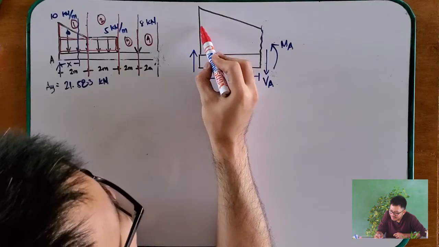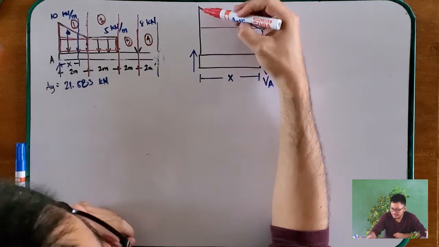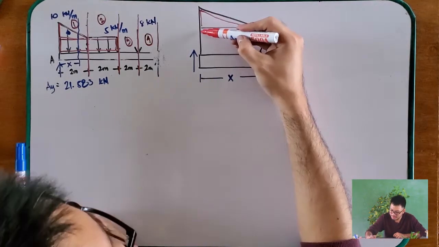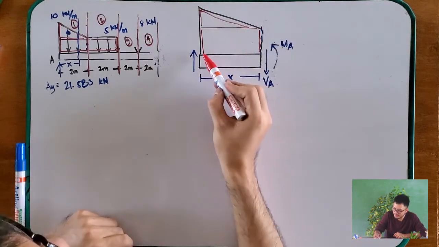Okay? This is where the challenge starts. We already know that you can consider this one as a triangle, and you can consider this one as a rectangle.